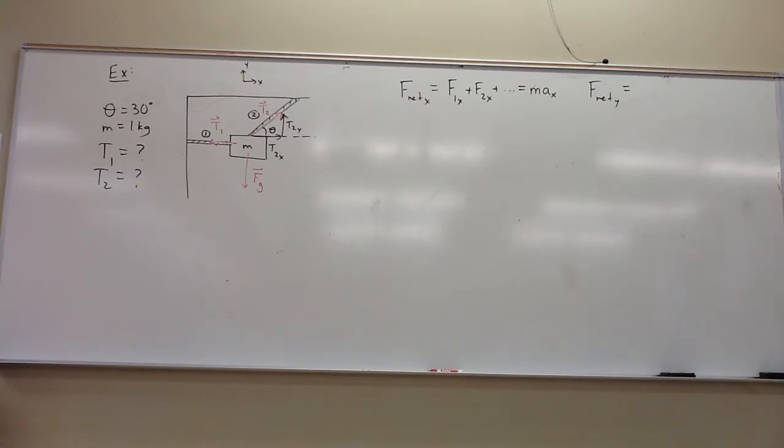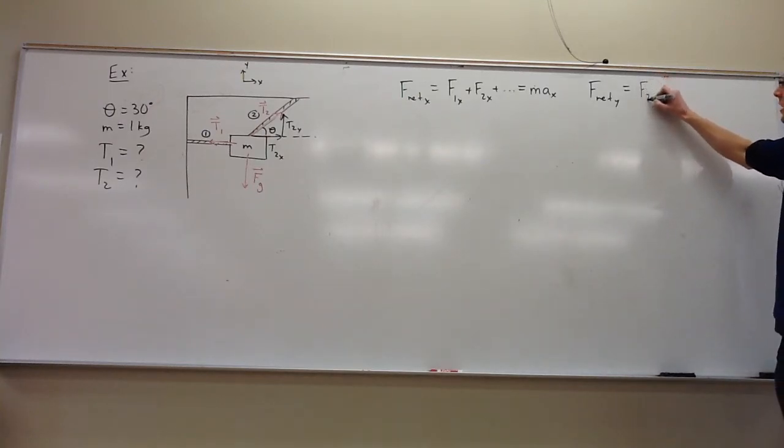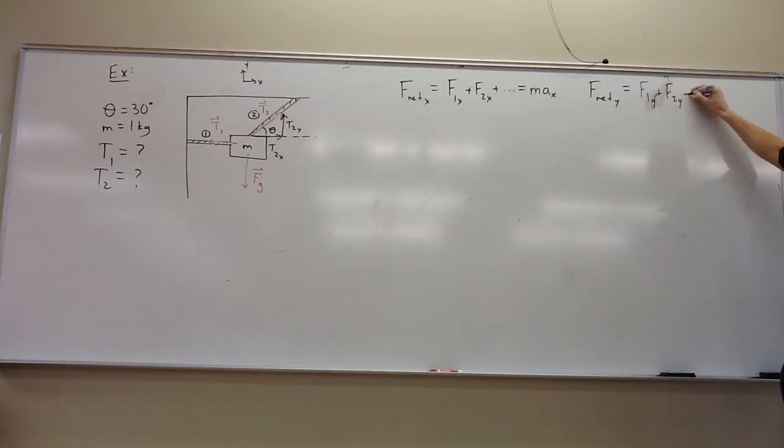Anything that's left over will be the net force in the x direction, so it will cause the x acceleration. Same thing over here. I tally up F1y, F2y, dot, dot, dot. I see what all those add up to, and if there's anything left over, which is the net force, it'll cause an acceleration.